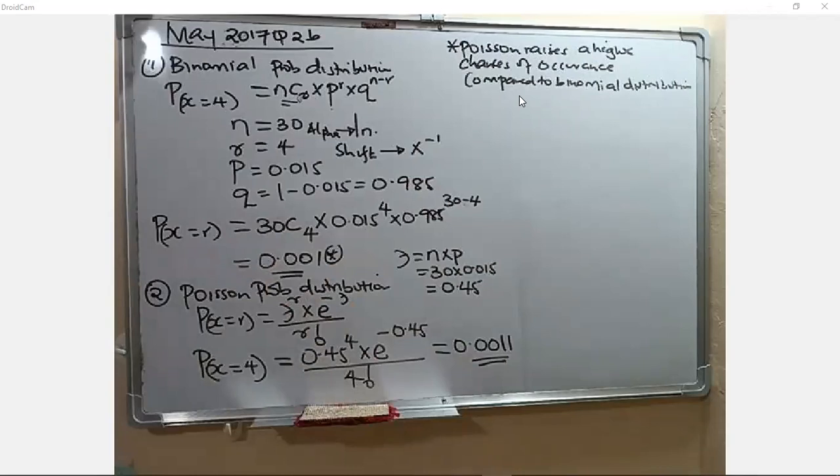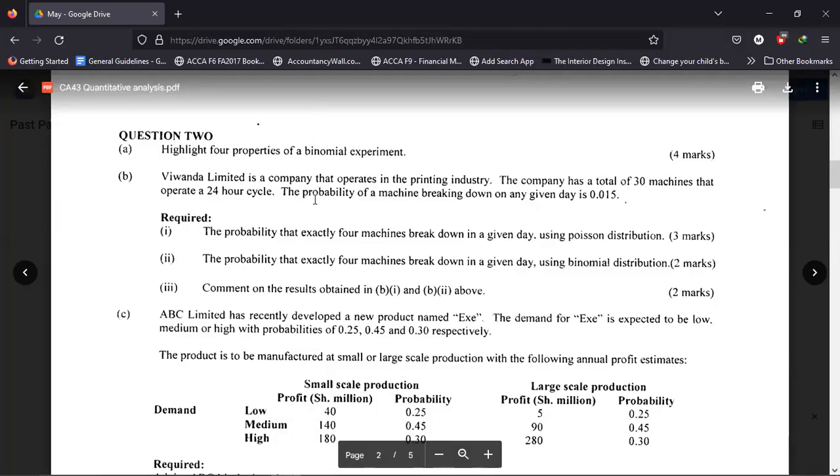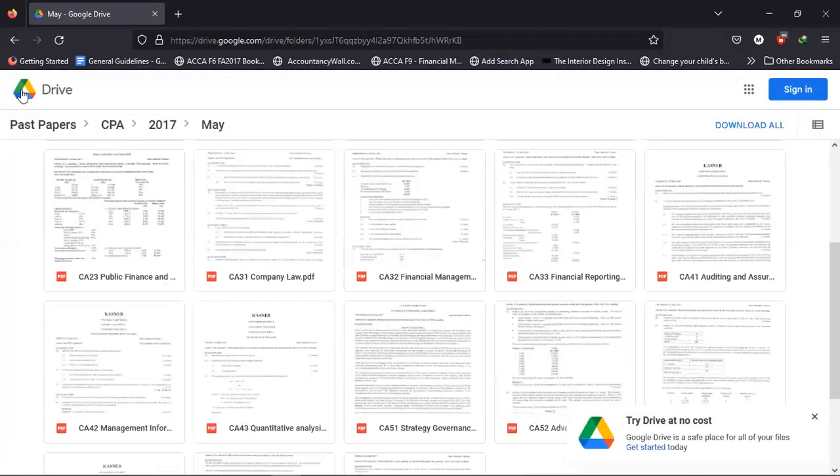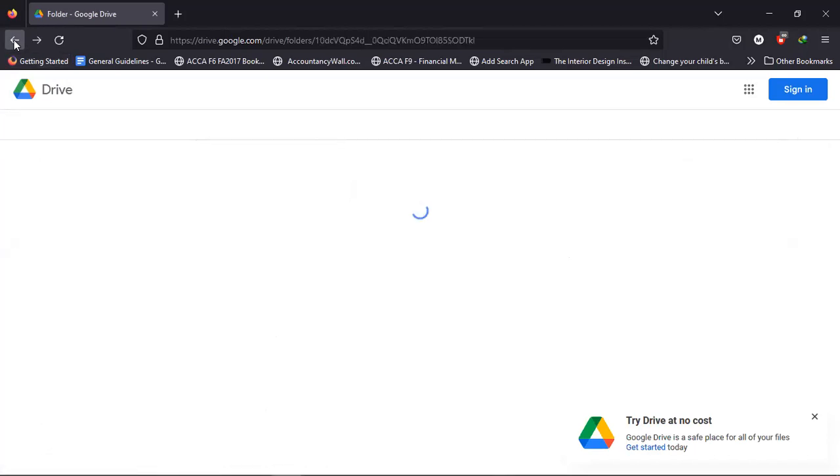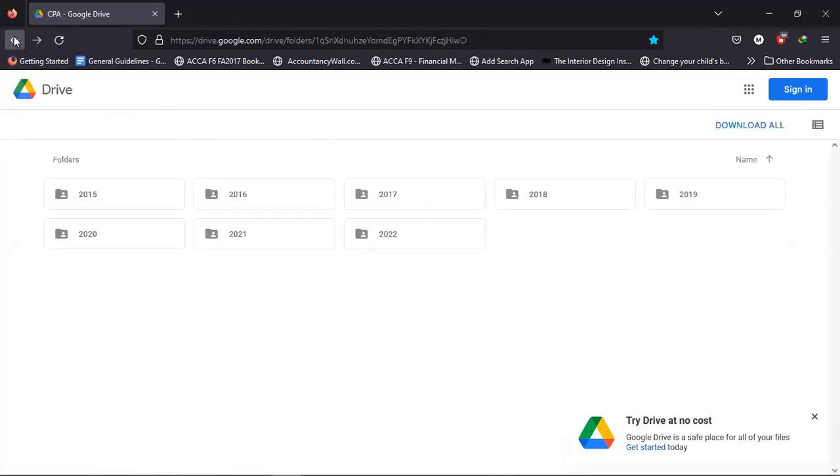Now, before we go to continuous probability distribution, I just wanted to look at our previous 2 semesters, whether they were able to bring these kinds of questions. Let me look at our last 2 semesters, whether they were able to bring the 2 concepts. That is in 2022.